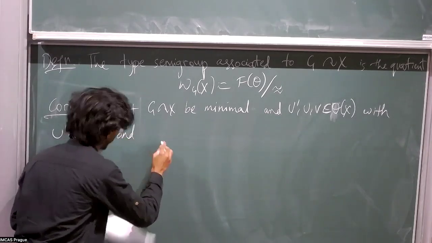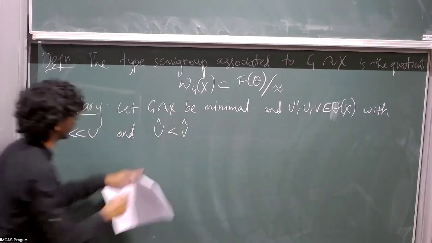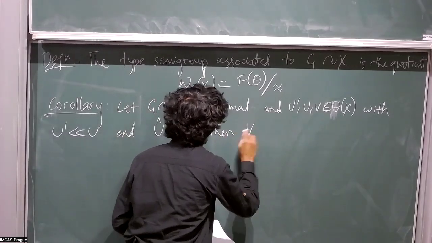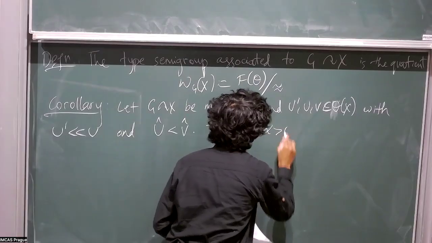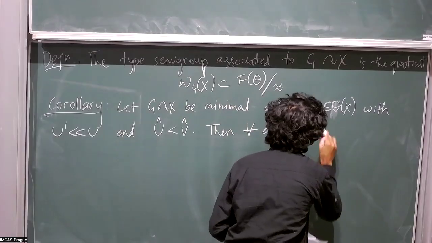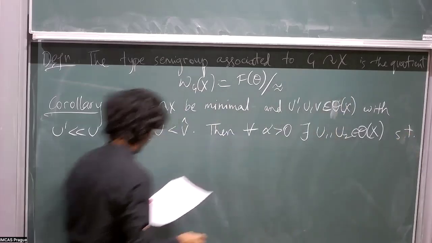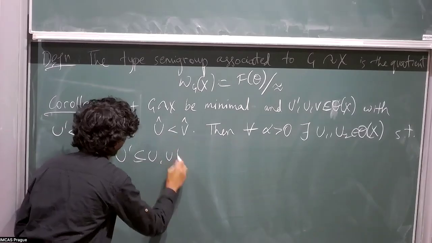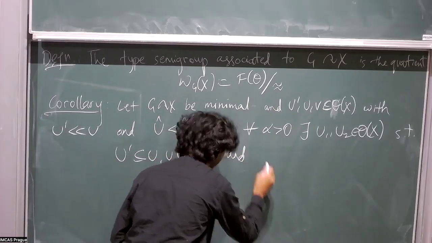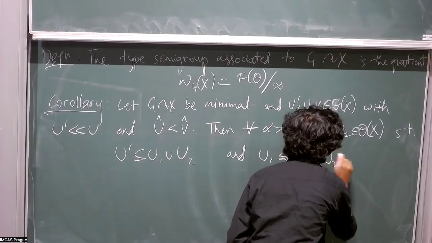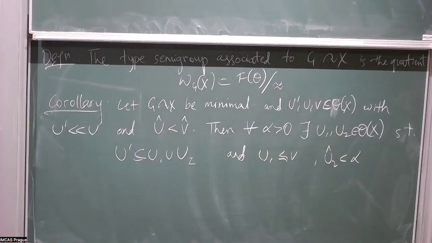And U is measure-wise smaller than V. Then for every, yeah. So that is exactly this statement written there in the language of types and groups.